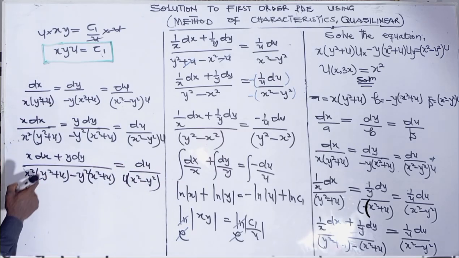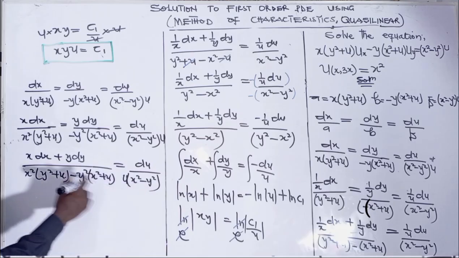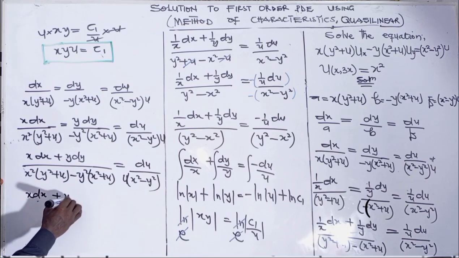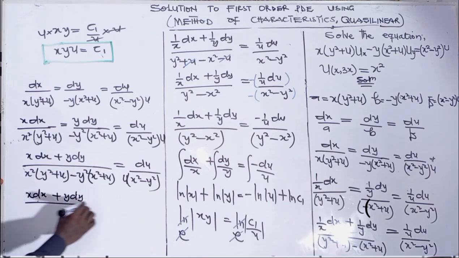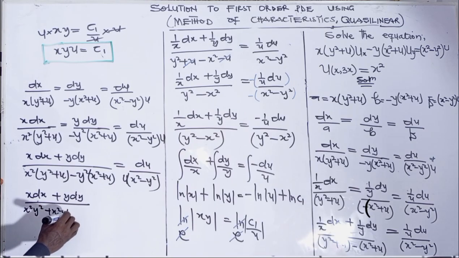Now from here, what we are going to do is expand the denominators to see if we will have the denominators to be the same so that we can equate their numerators. So let's expand the denominators. x dx plus y dy all over, this is going to give us s squared y squared plus s squared u.